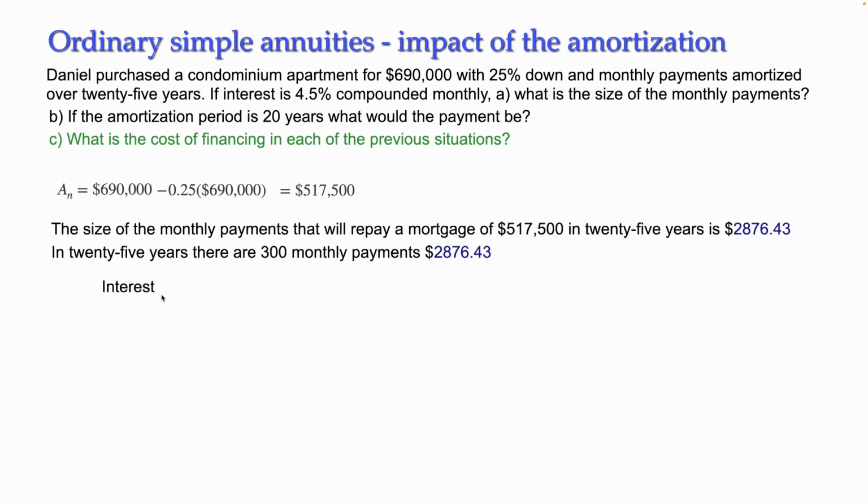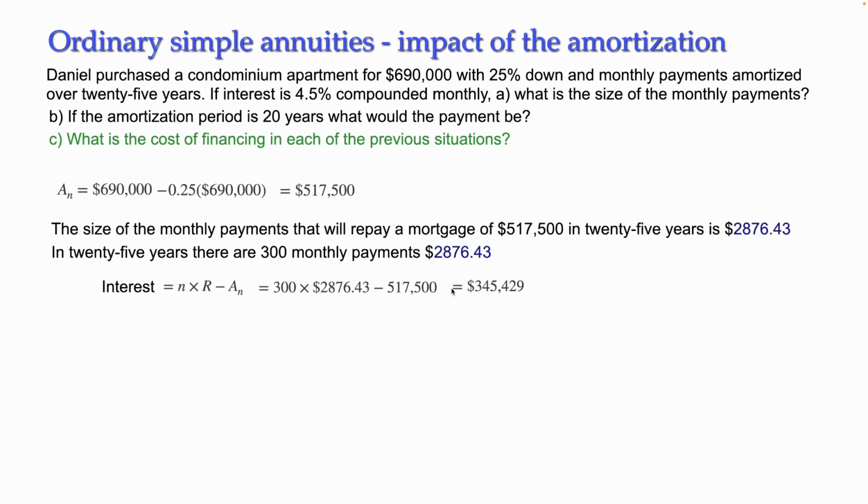So the interest will be equal to n, the number of payments, times the payment, minus the financed amount, the present value. So it will be 300 times 2,876.43 minus the present value that was 517,500. Make a substitution and use your calculator.